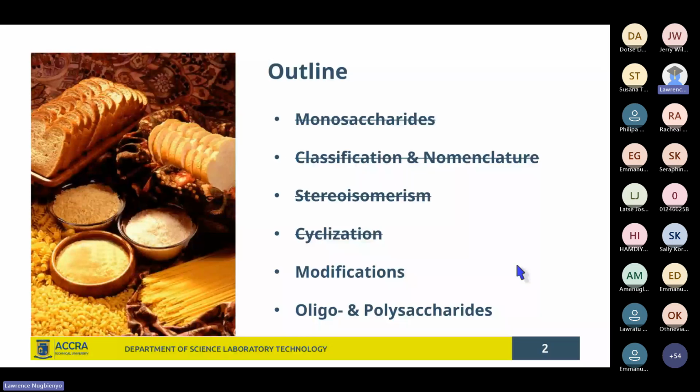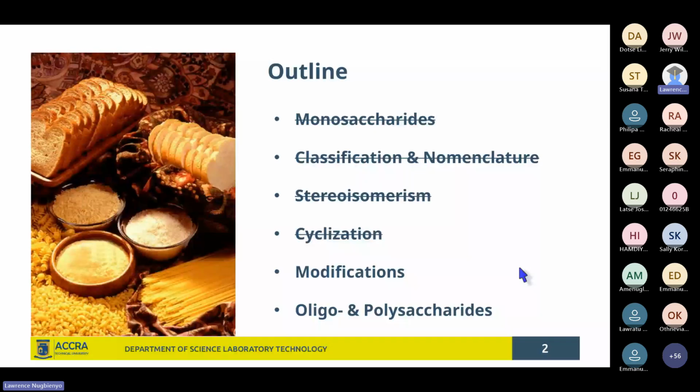What I intend to do is, there are so many monosaccharide modifications, we just cannot say we are covering all the modifications of monosaccharides. But what I intend to do is to introduce you to some of the very common monosaccharide modifications you come across as you continue to study biochemistry in second year, third year, fourth year.